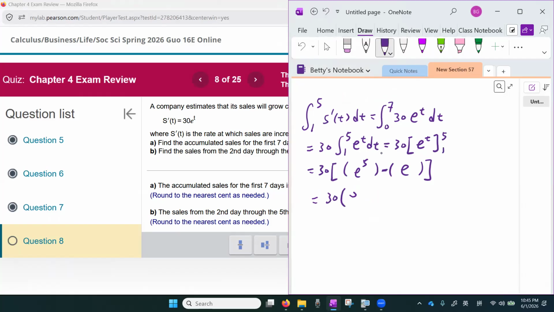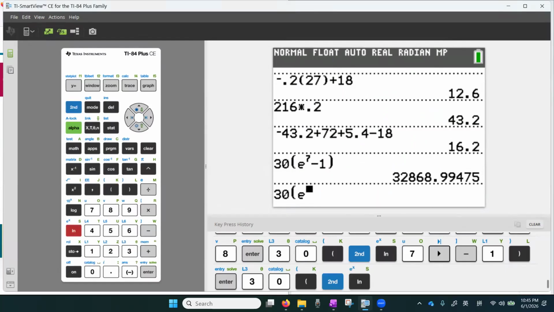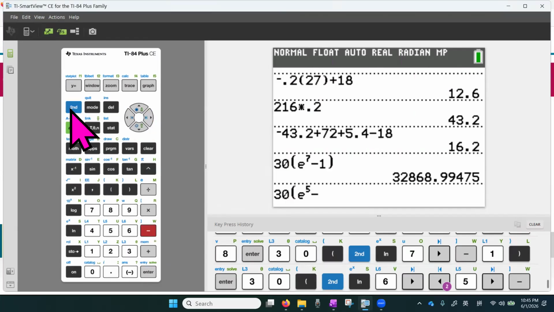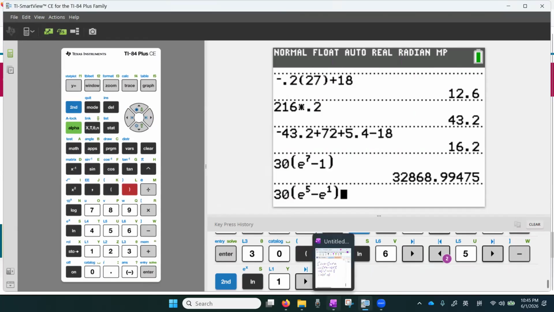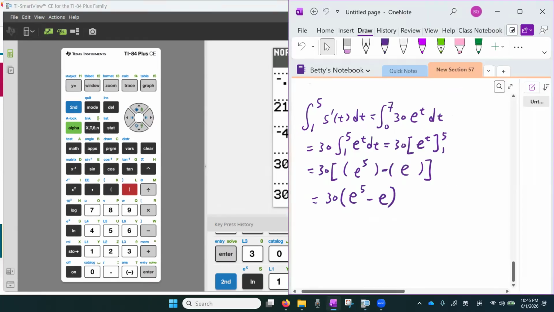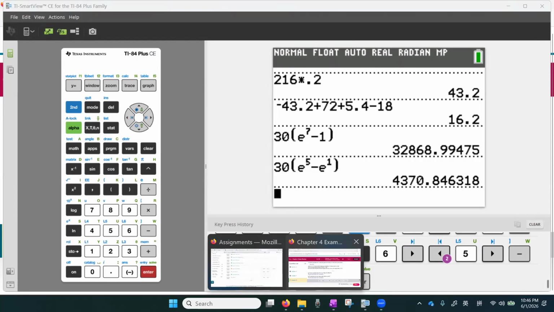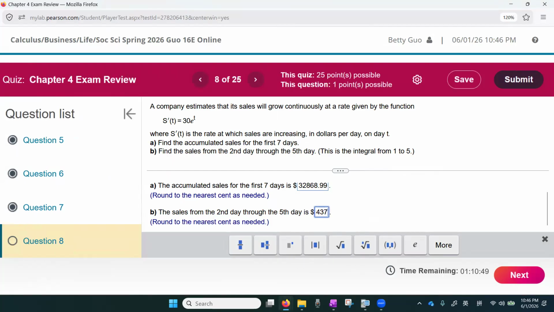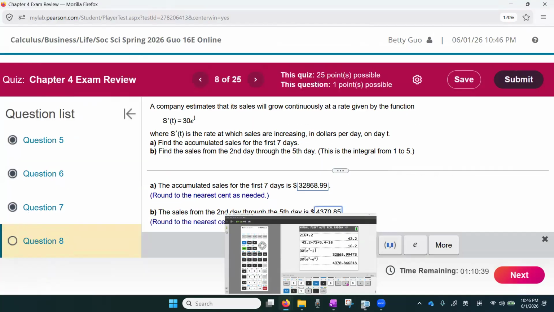So we have 30 times parentheses, e to the power 5 minus e. Nearest cent, so 85 cents. $4,370.85.